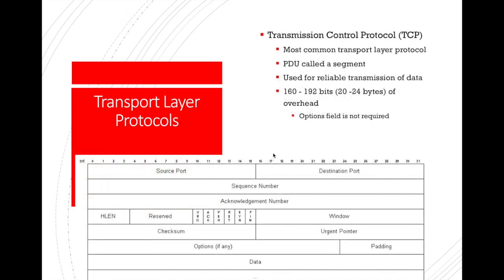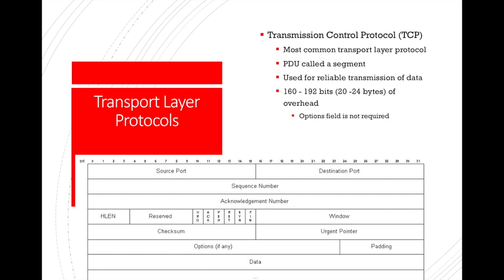All right, let me talk about the TCP protocol, which is the Transmission Control Protocol. It's the most common transport layer protocol. A PDU is called a segment, so the protocol data unit is called the segment. It's used for reliable transmission of data.